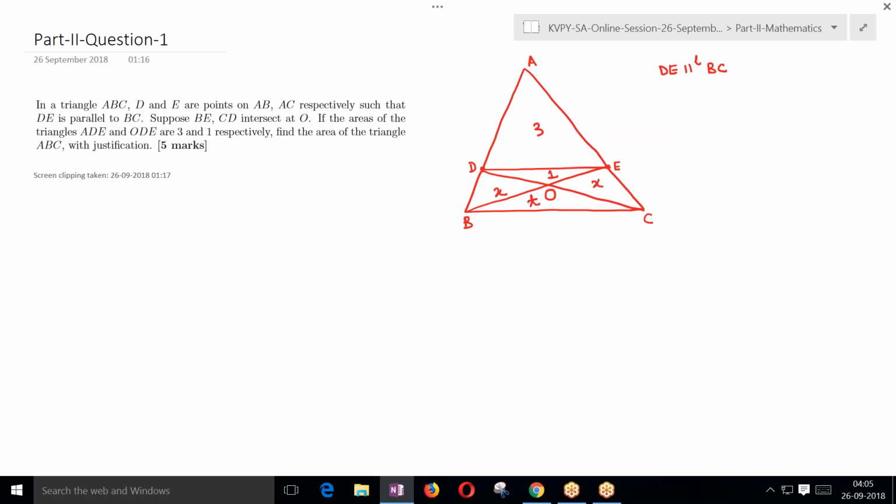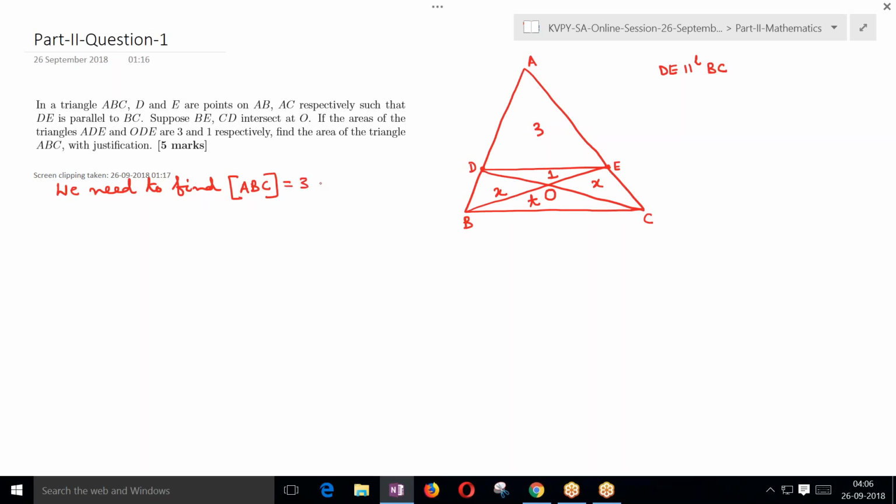So according to the question, what we are going to find is the area of the triangle ABC. Let's denote the area of triangle ABC within square brackets.